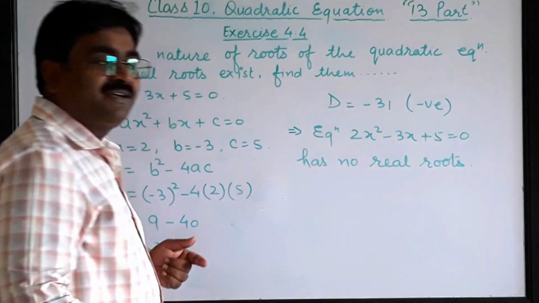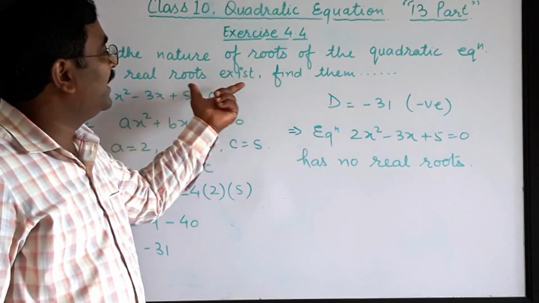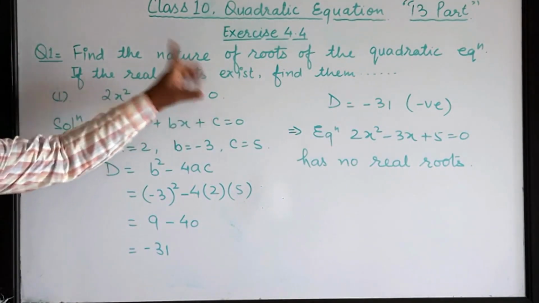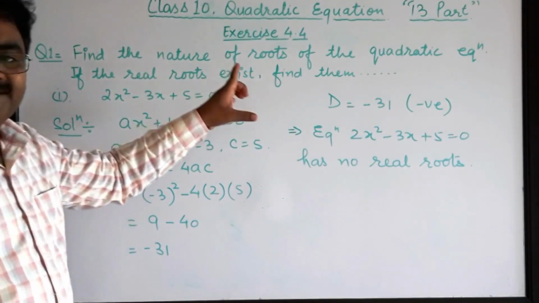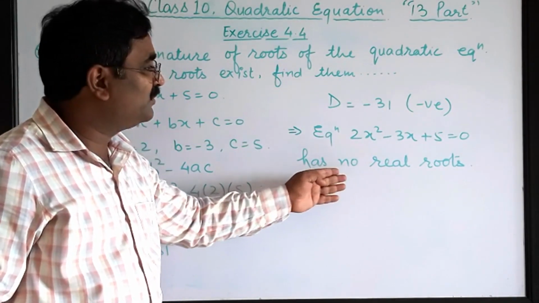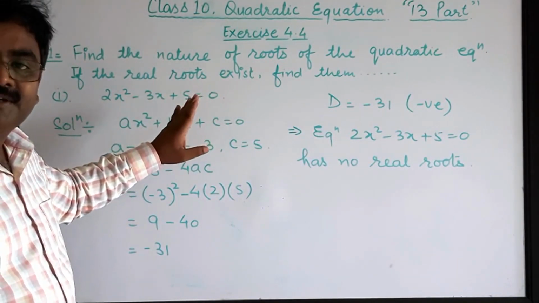Okay children, if there are no real roots, there is no need to find them, because it is given in the question, if the real roots exist, then find them. Here no real roots exist, therefore no need to find the roots of this quadratic equation.